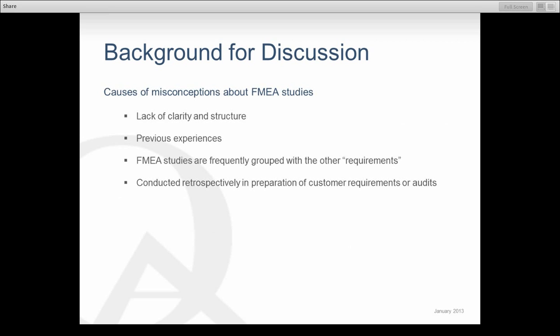FMEAs sometimes have a bad rapport in the sense that there's sometimes a lot of confusion about FMEAs. Lack of clarity and structure. What is an FMEA? What do we include in our FMEAs? What are they actually for, and what type of information goes into them? Also, from an engineering perspective, previous experiences could affect the team's outlook on an FMEA.